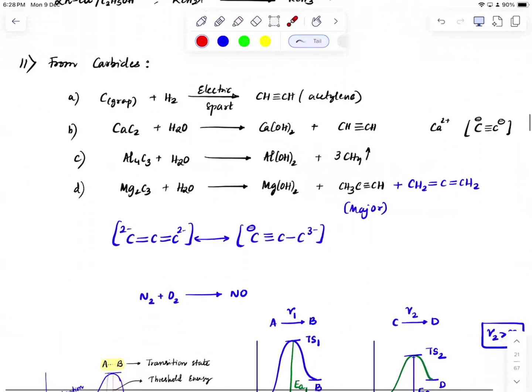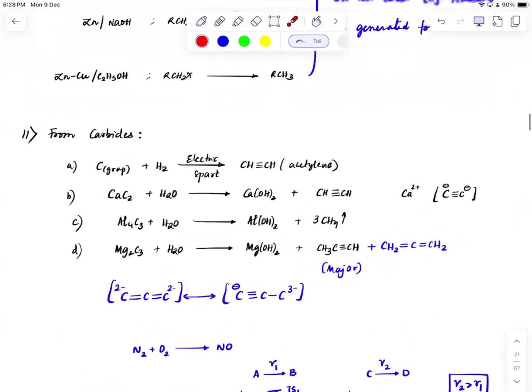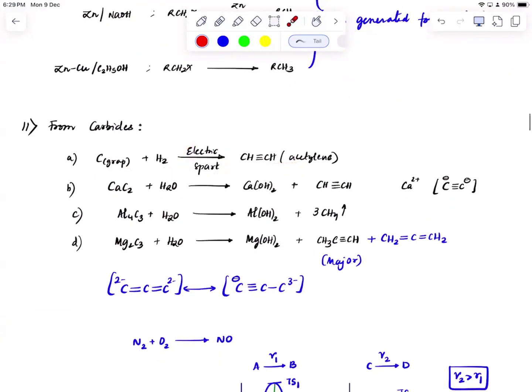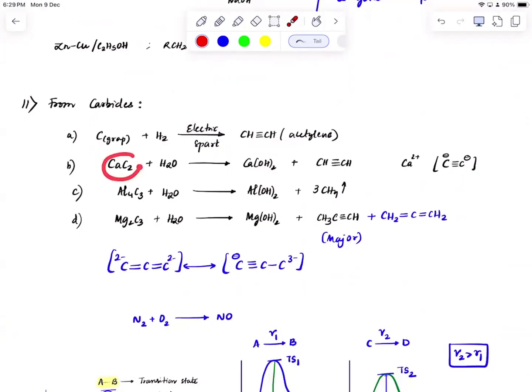Okay. Lastly, if you notice carbides, suppose carbon graphite is treated with H2 in an electrical spark, you will get acetylene. Correct? Same way, if you have calcium carbide reacting with water, you will get acetylene.